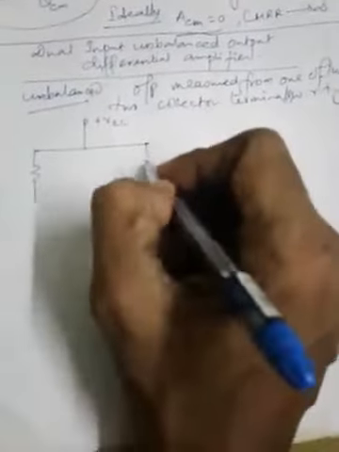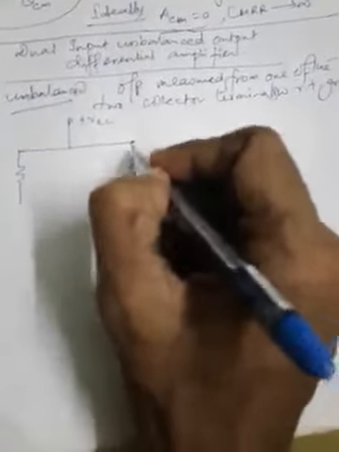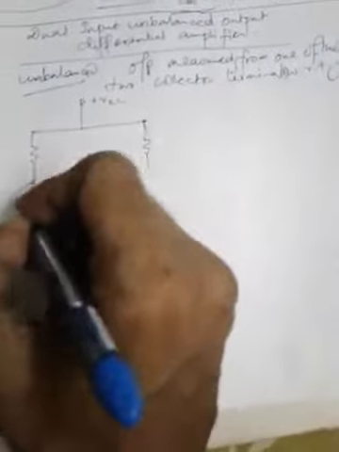So this is plus VCC. The circuit is basically the same as we have found in the previous case.